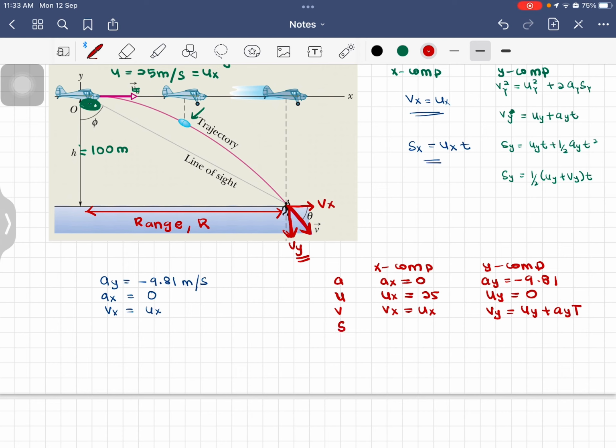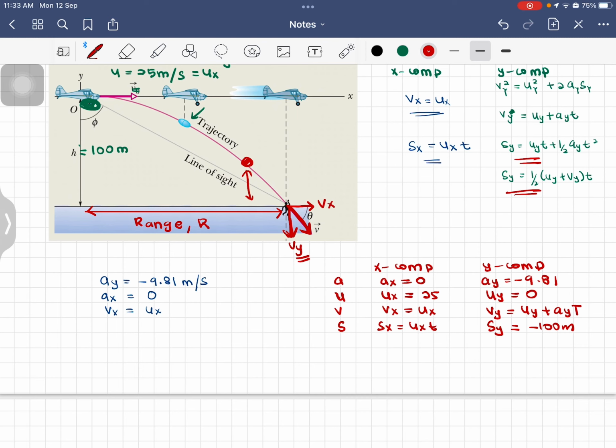And then for Sx we can use uxt. For our height, if we want to find Sy here, we can use this equation or this equation. But for the maximum height, our Sy is negative 100. Why negative?